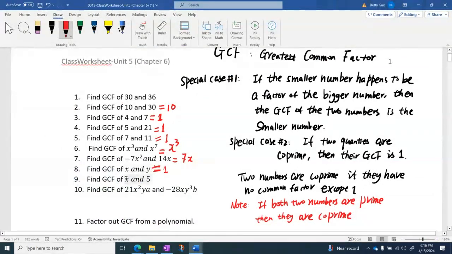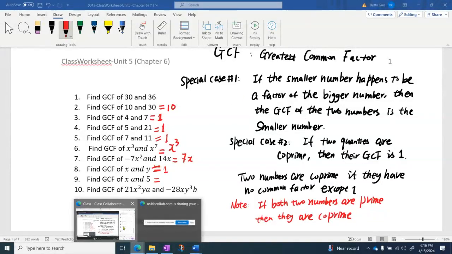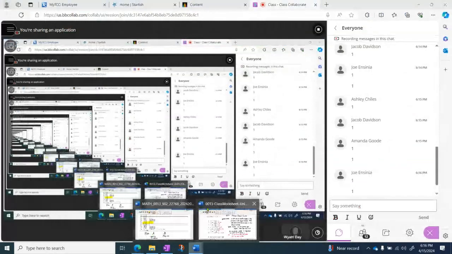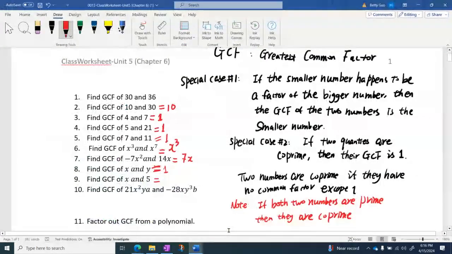So we actually could see x as a monomial, y also as a monomial, and they are both prime monomials. There's no way we can factor x or factor y. So they are co-prime. The GCF is 1. What about number 9? X and 5. GCF is also 1. Perfect. Because they are co-prime. Exactly.